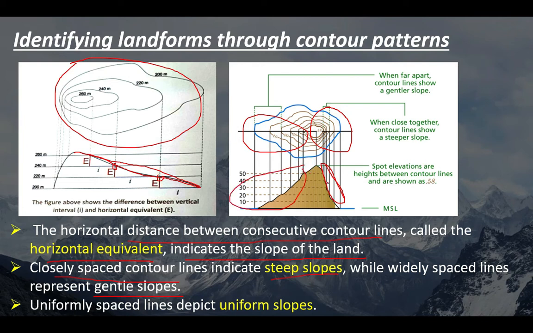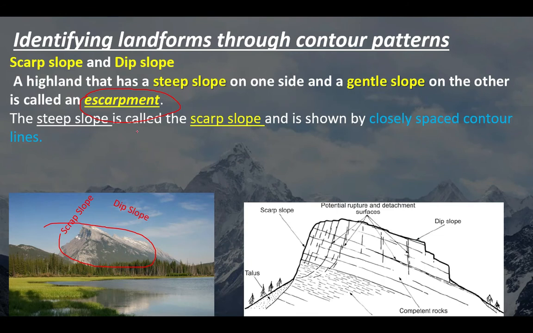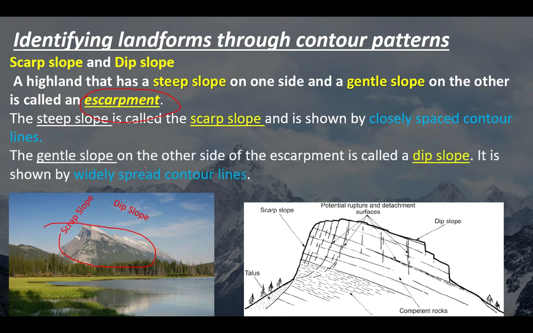So escarpment means the highland which has a steep slope on one side and a gentle slope on the other side. The steep slope is called scarp slope and is shown by closely spaced contour lines. The gentle slope on the other side of the escarpment is called dip slope. It is shown by widely spread contour lines.